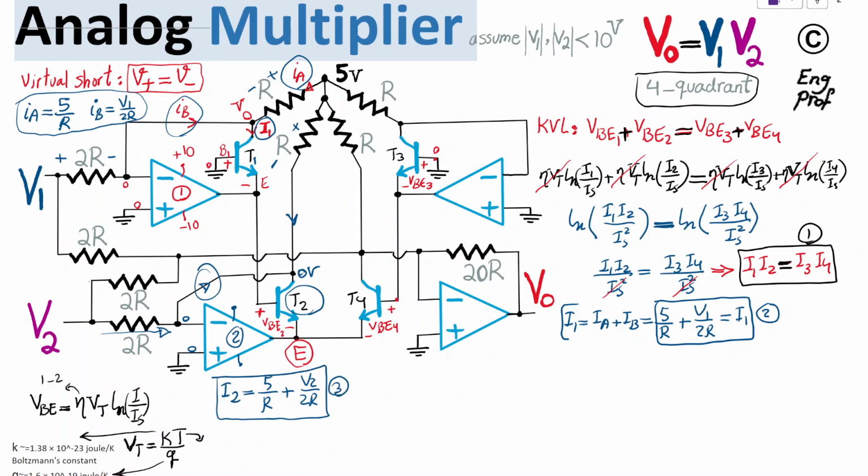Let's now write the same thing for transistor T3 and transistor T4 as well on the right side. So the collector of T3, the current, is of course nothing is coming from the input terminal of the ideal op-amp, because nothing can go through or come out because it has practically infinite impedance.